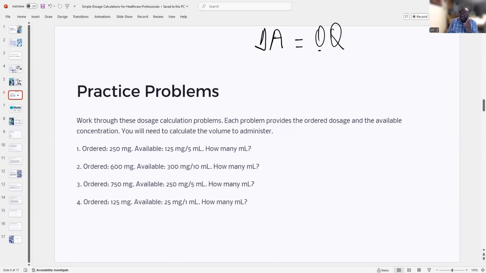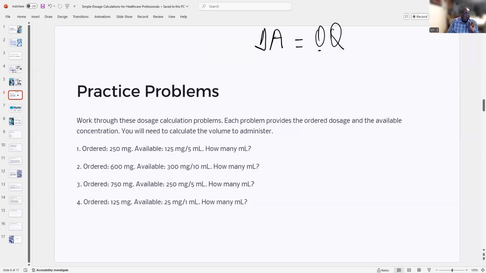They're going to ask you to identify your order. But if you know how to solve this using your simple dosage calculation formula, you'll do better. If time allows, we will teach you one day how to solve those questions using dimensional analysis.